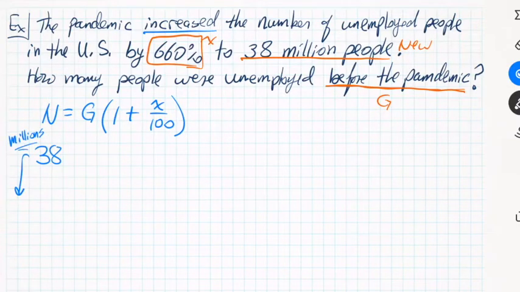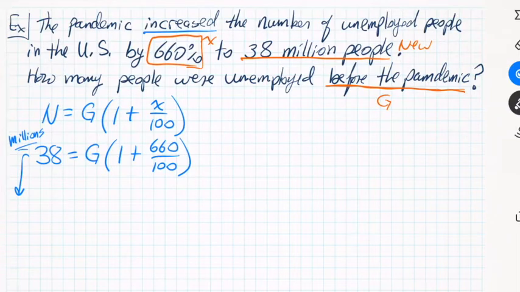And you have to be careful of questions that if they already are asking for things in the millions, you don't want to change it to a million because that would actually change the value of it. All right, so we have 38 there. We're looking for G, so I'll leave him alone. It's a percent increase, so it's 1 plus. And I'm going to write 660 over 100.